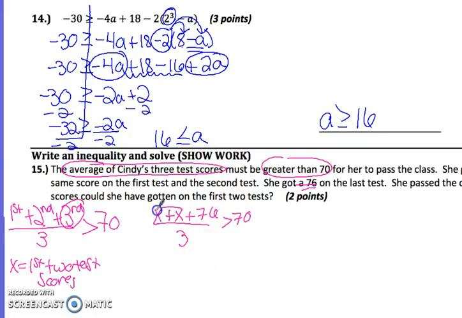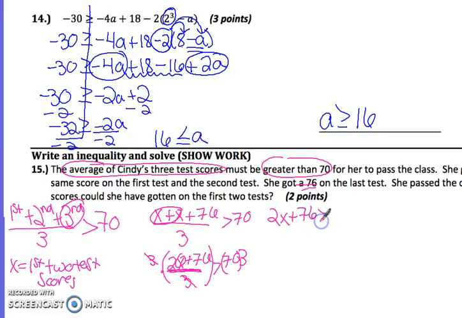So let's simplify. x plus x is 2x plus 76 divided by 3 is greater than 70. Remember, if what you're looking for is in the upstairs, you should go through the downstairs. Since it was all divided by 3, multiply both sides by 3. So those 3's cancel, and you're left with 2x plus 76 is greater than 210.